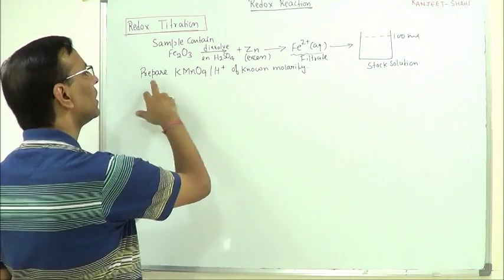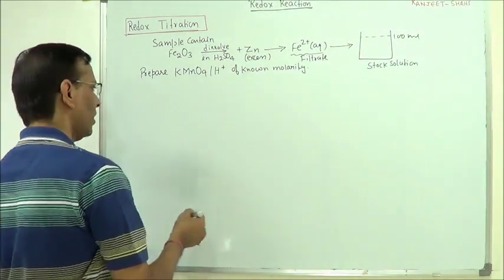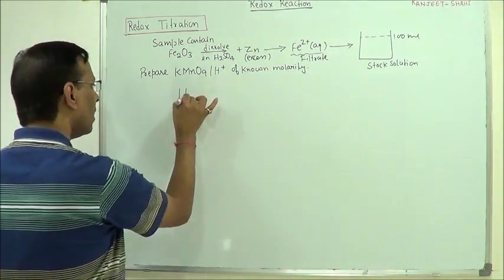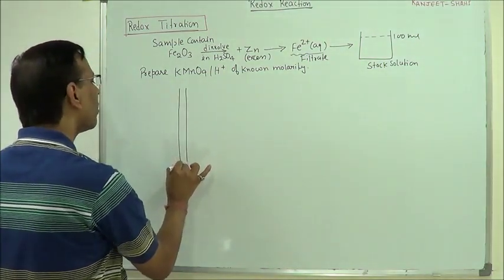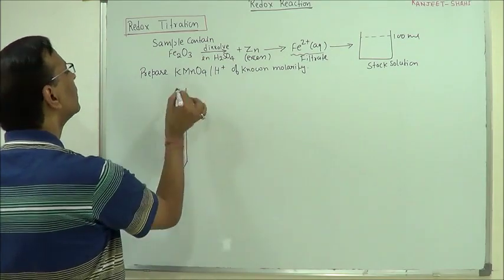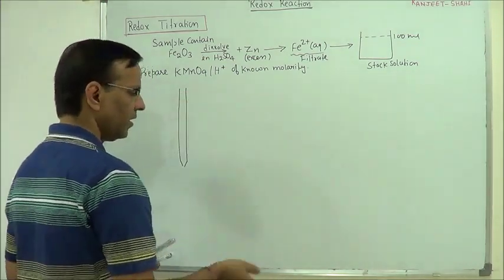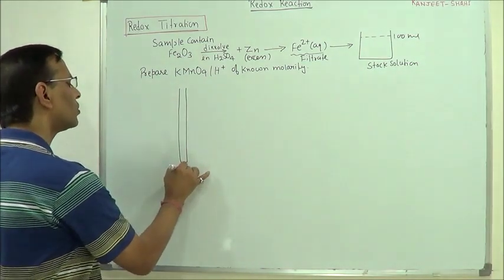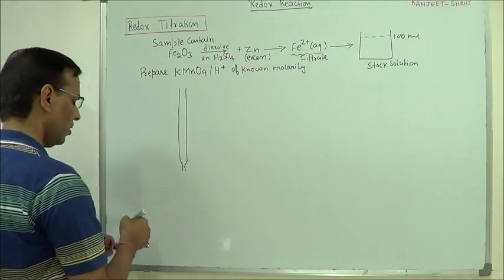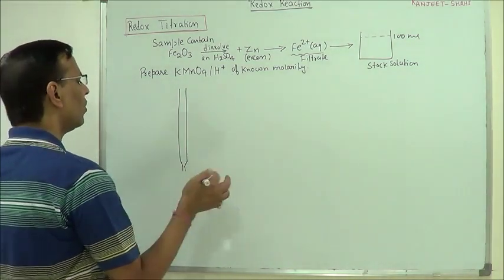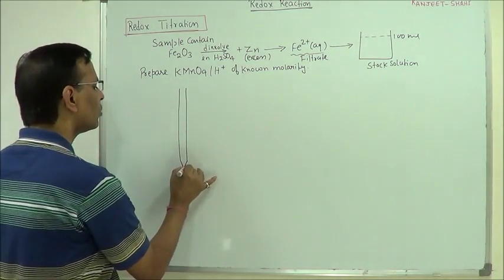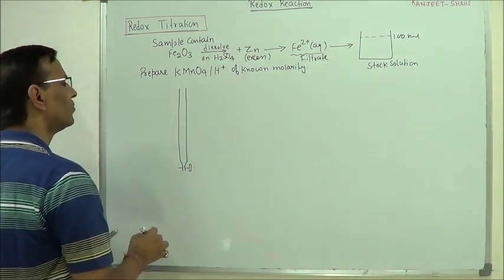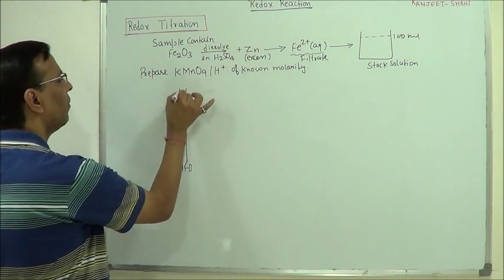We put this oxidizing agent in a glass equipment called burette, and there are burettes of different volumes. So we select a burette of known volume which suits our experiment. So it is a burette, and here we have marking in the burette.